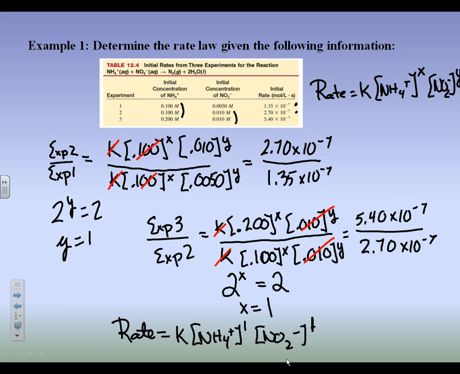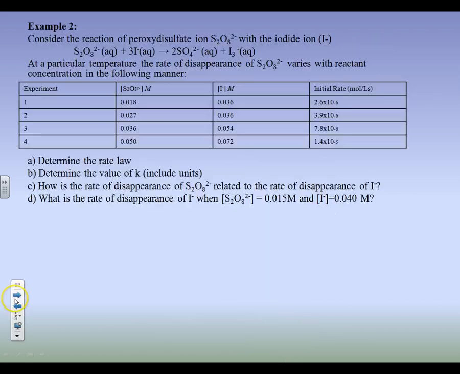That's not too hard. Let's try another one. Consider this reaction of some stuff with some iodine, and there's a really nice looking reaction there. I don't even really know the peroxydisulfate ion. At a particular temperature, the rate of disappearance, and this is a multi-part problem, so let's jump right in.